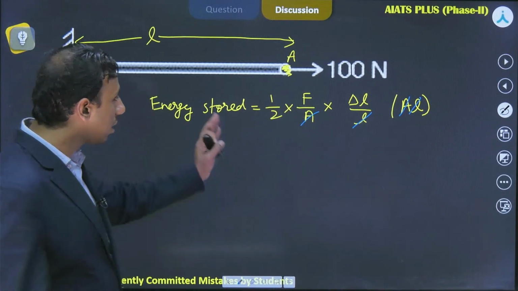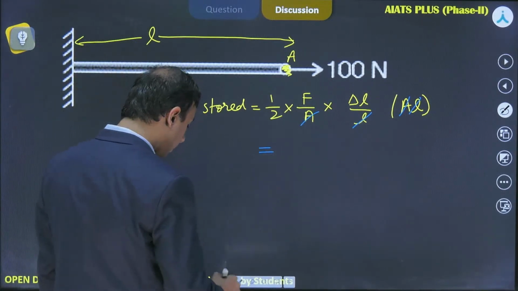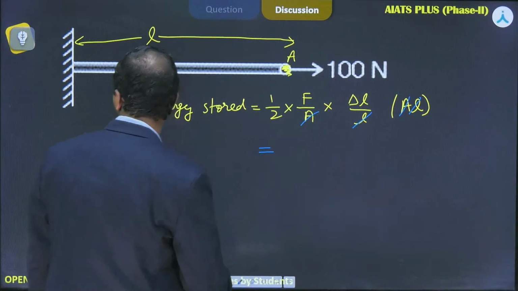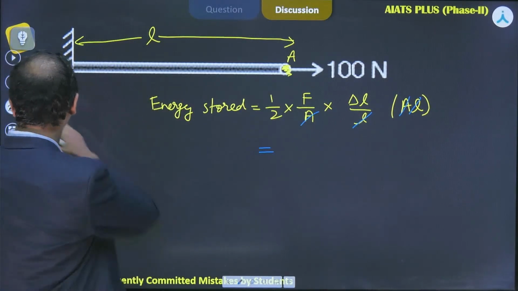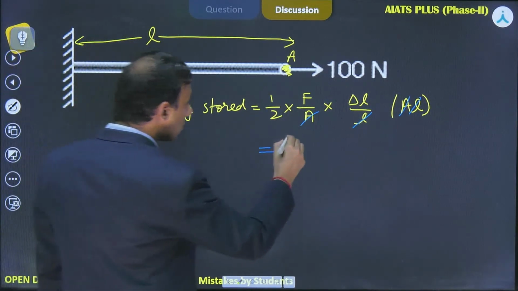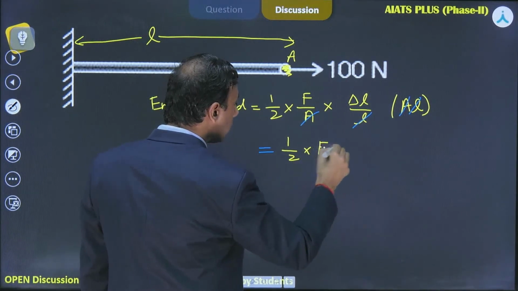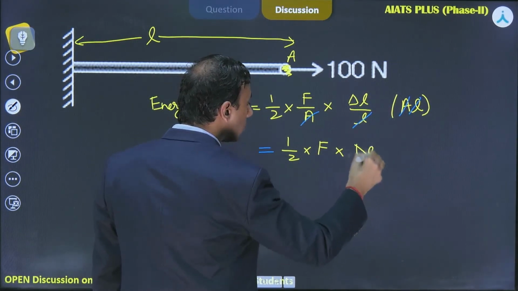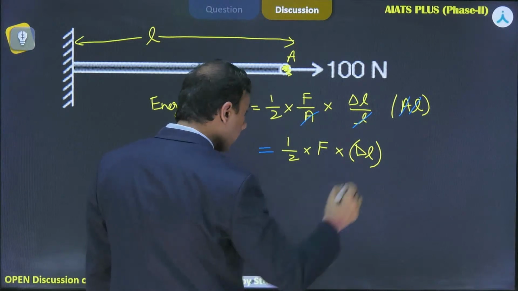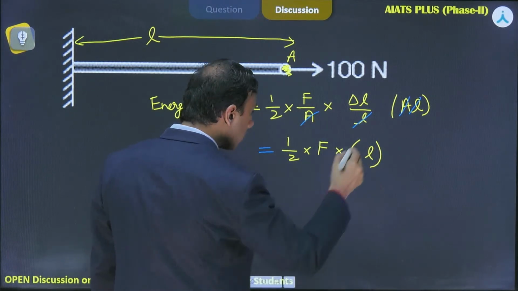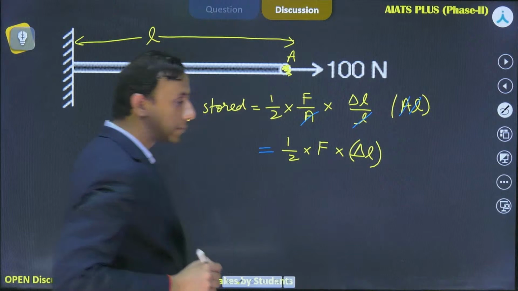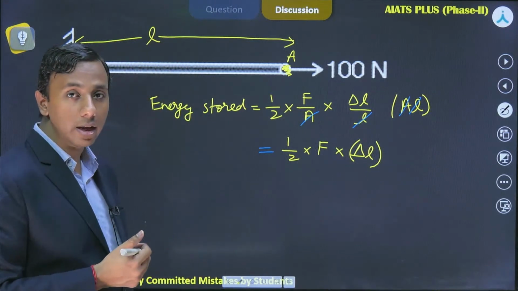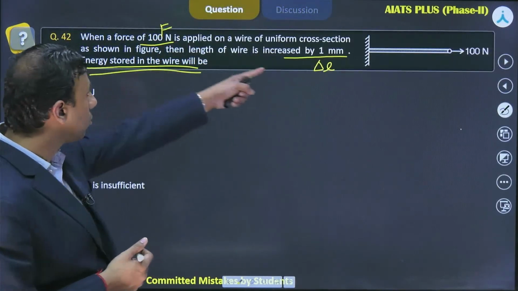So you are left with half into F into delta L. That is all you have to do in this question. Half into F into delta L, and both of them were mentioned in the question. F is known, delta L is known.